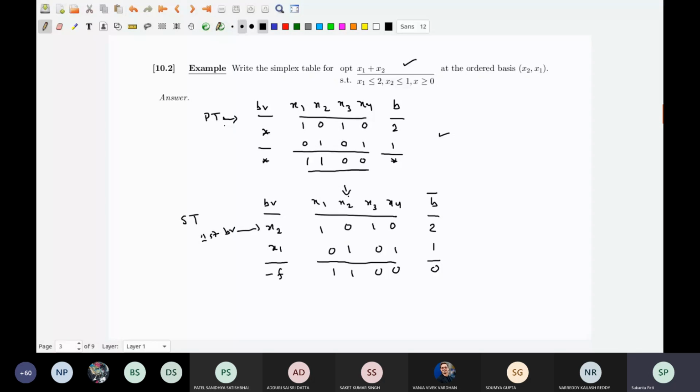In elementary row operations, interchange of rows is also allowed. So in the next stage, from here you will be doing the following. The same thing: BV x1 x2 x3 x4 B bar.